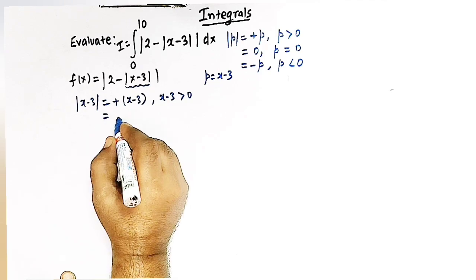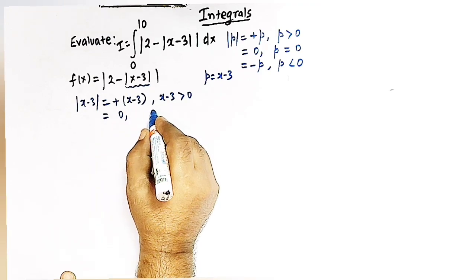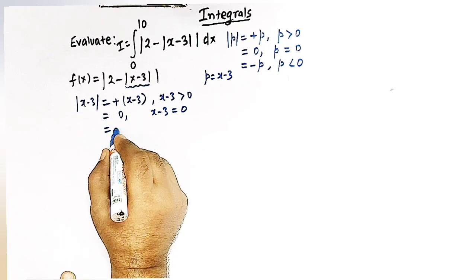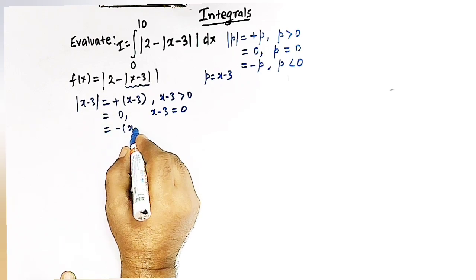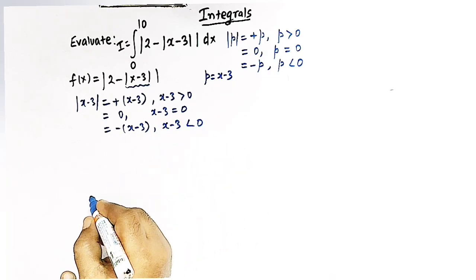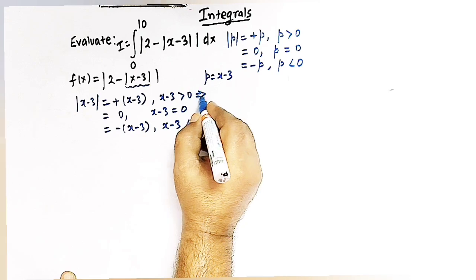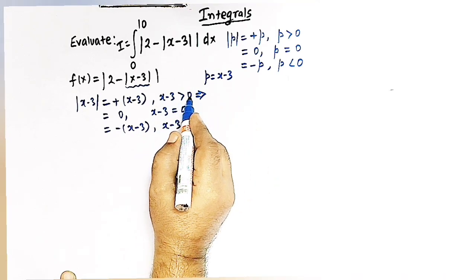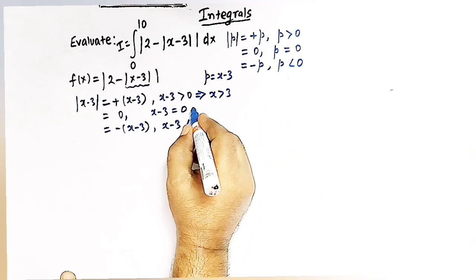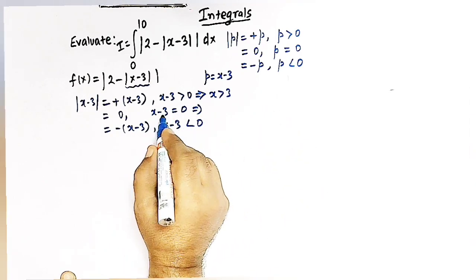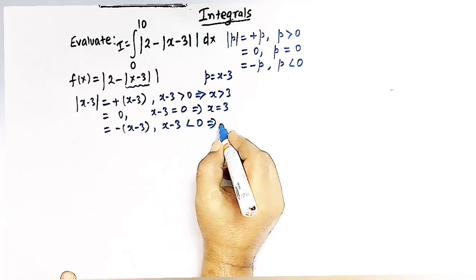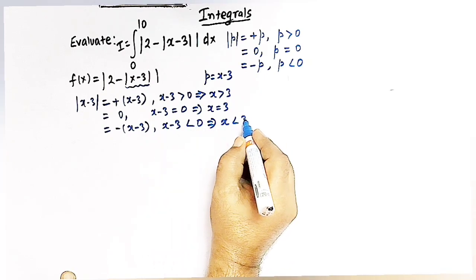And mod of x minus 3 is equal to 0 whenever x minus 3 is equal to 0, and mod of x minus 3 is equal to negative of x minus 3 whenever x minus 3 is less than 0, right? So from here, x minus 3 greater than 0, if we solve this inequality, we get x greater than 3. And if we solve this linear equation, then we get x is equal to 3. And from here, we get x less than 3.